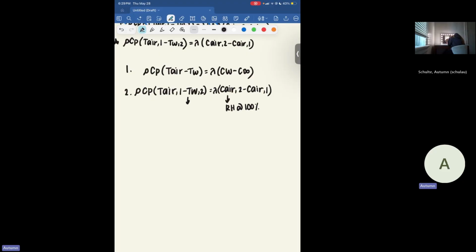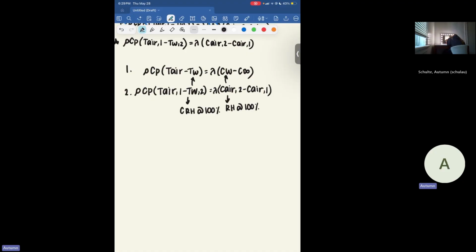And this term here is related to the concentration of our relative humidity at 100%. So now what we can do is we can plug in these values to find our concentration and our temperatures that we don't know. And by doing this, we can solve for the molar concentration of water in the air currently and not when we're at 100% relative humidity.